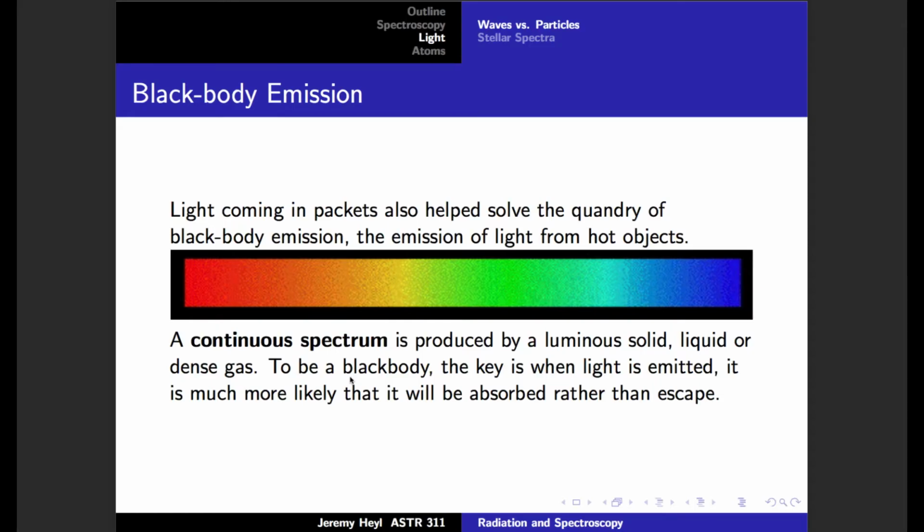So what you've seen there with that nail glowing, there are a couple of facts that maybe you noticed. First of all, when it's hotter, it's brighter. Fact one.